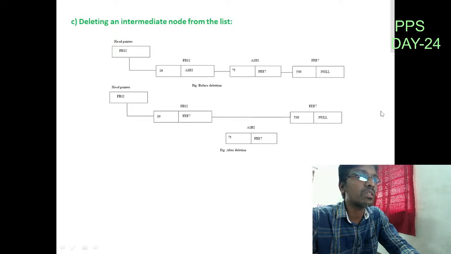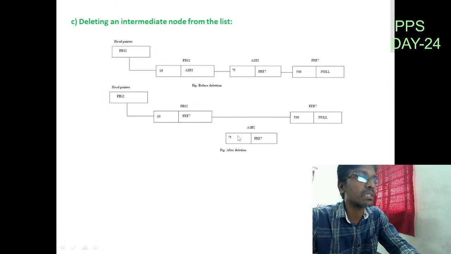But you cannot travel from the last node to the first node. That means you can travel in only one direction, the forward direction. You cannot travel in reverse order. That is a drawback of using a single linked list.